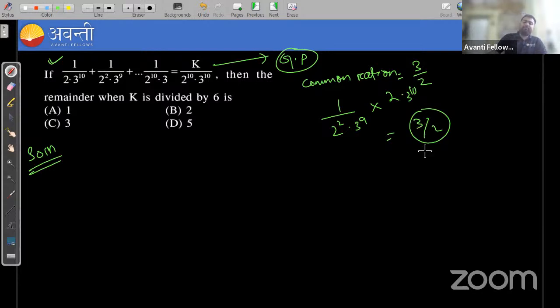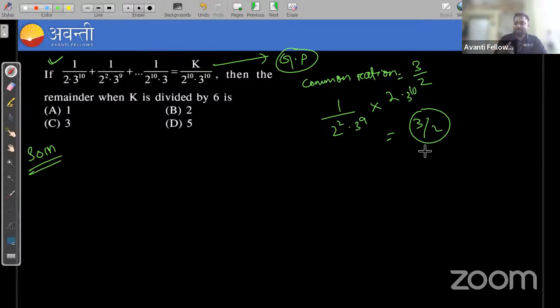To find the value of k, we can do one thing: we simplify the given series, in such a way that it looks easier than the given one.